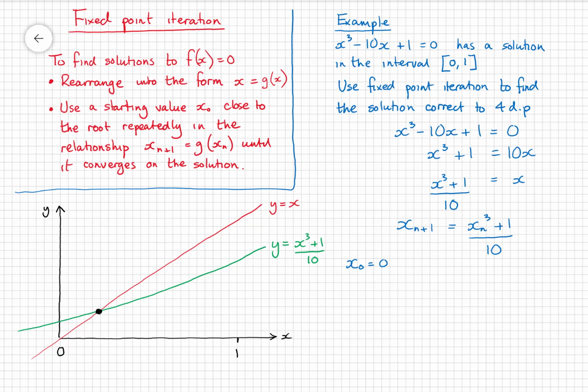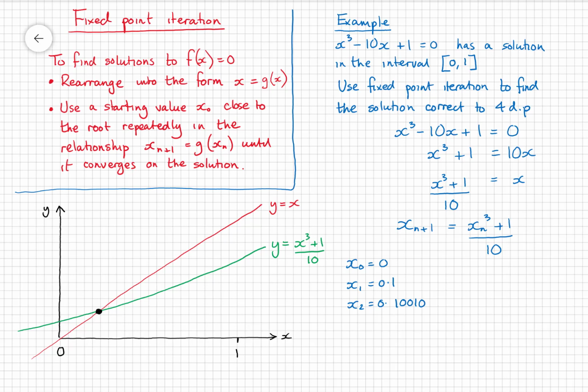And when we put that into the relationship, we find that x1 is equal to 0.1. When we put it in again, we get x2 is equal to 0.1001.